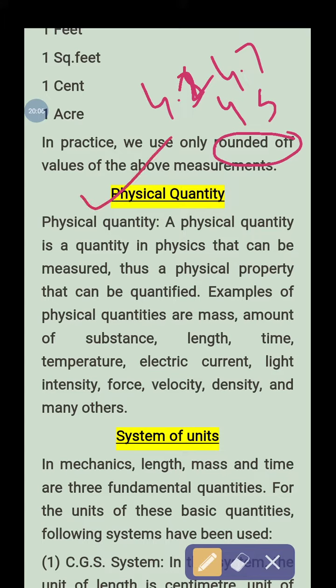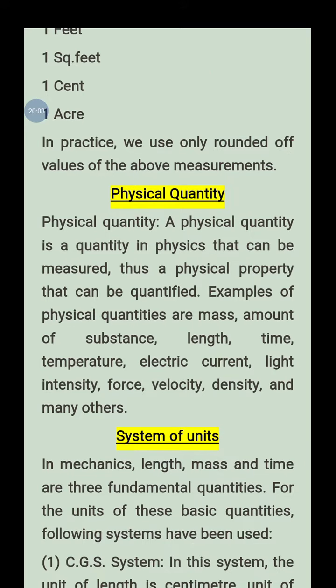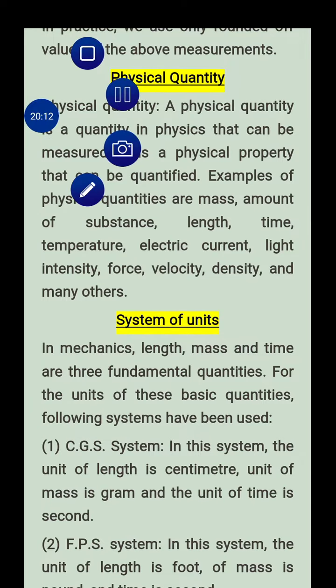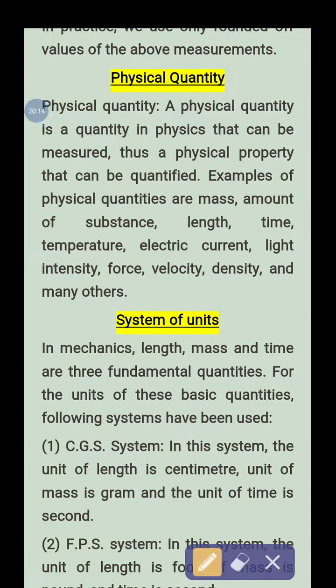Now, what is a physical quantity? A physical quantity is a quantity in physics that can be measured. Suppose this is a quantity. We can measure its length, we can measure its breadth, we can measure its area, we can measure its volume. Okay, so we can measure everything.